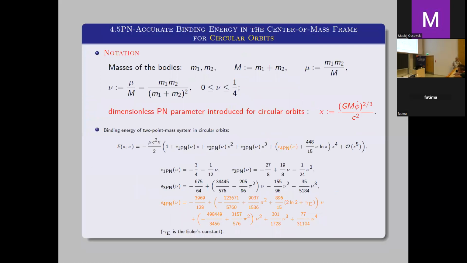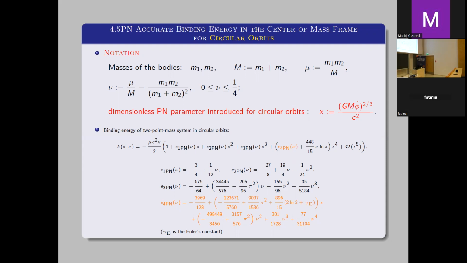So let us look at these formulae, just for fun. First, some notation. We have the masses of the bodies, the total mass of the system, the reduced mass, and a very important quantity nu, which is sometimes called the symmetric mass ratio. It ranges from 0 to 1/4. 1/4 is for equal mass binaries, and 0 is the test mass limit, where the mass of one body is much smaller than the mass of the second one.